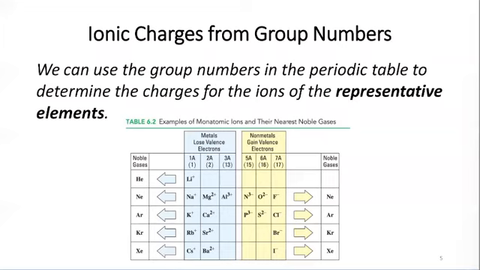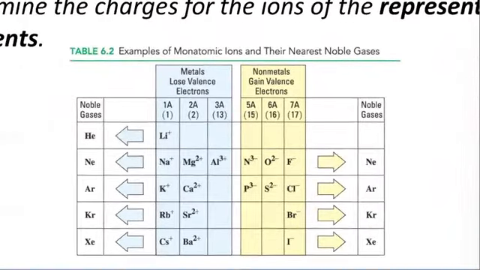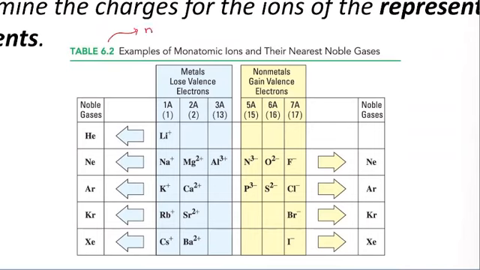Also, we're going to learn how the group numbers of the periodic table will guide us in understanding what elements become cations, what elements become anions, and the number of electrons that they lose or gain. All of this is summarized, as you can see, in table 6.2. So as I did in the first week, let me just guide you that you need this table for exam 2.